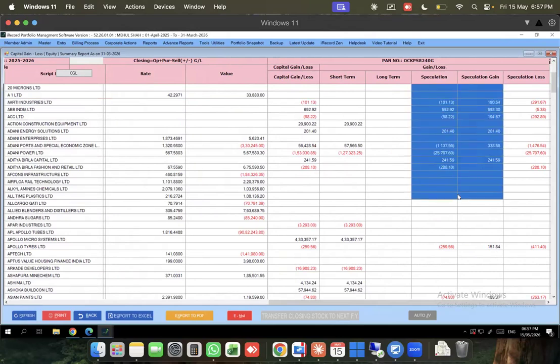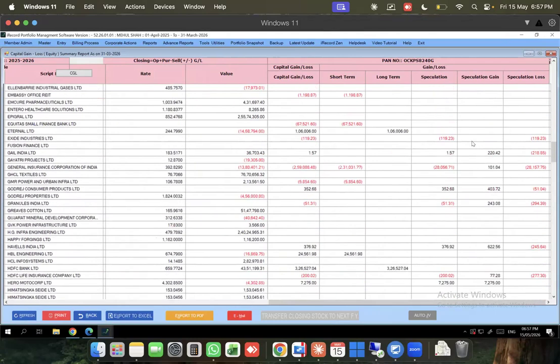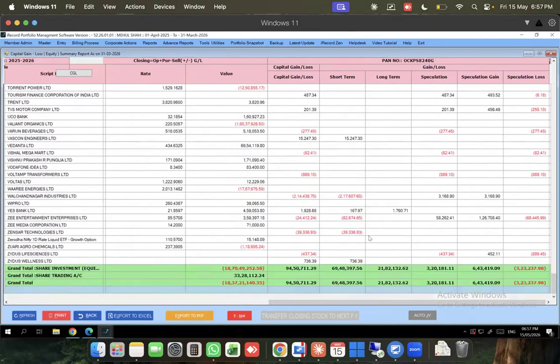For speculation, as per the new income tax rules, we are now required to show turnover, just like F&O, that is your gain and loss total turnover, in a bifurcated manner. The same has been incorporated, and at the very bottom we have the grand total for you to see the total realized P&L for the current financial year.